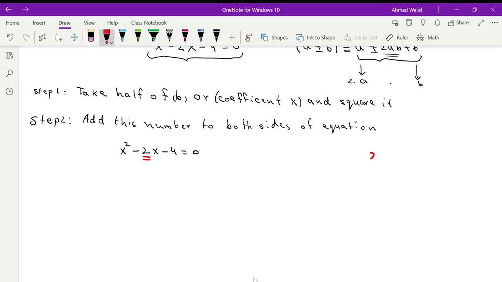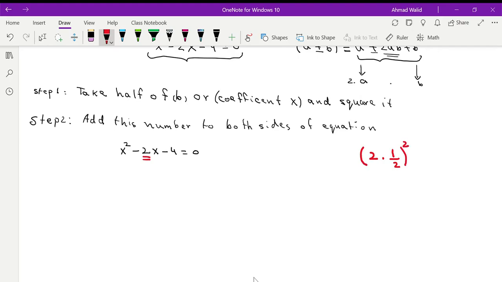Let me explain how to take half of it. Half means divide by 2, or in other words, multiply it by 1/2. Divide by 2 or multiplying by 1/2 is the same, correct? And after that, square it.